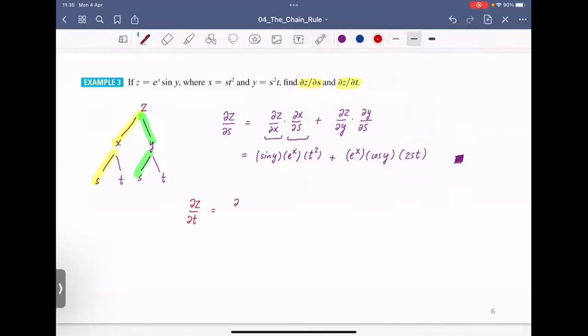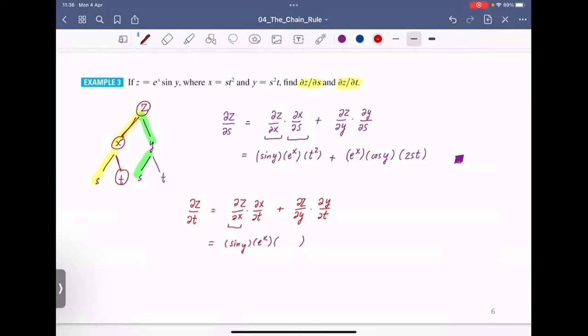Well, this is the easy example. C to x, x to t. Okay. So ∂C/∂X, ∂X/∂T, and then plus ∂C/∂Y, and then ∂Y/∂T. Okay. Well, when you do this type of question, you can copy the top one. You can see that ∂C/∂X here, copy that one. You already computed it on the top, sine y e to the x.